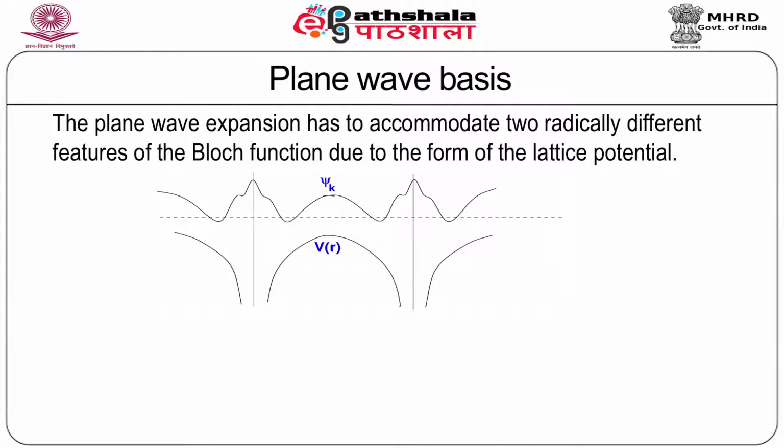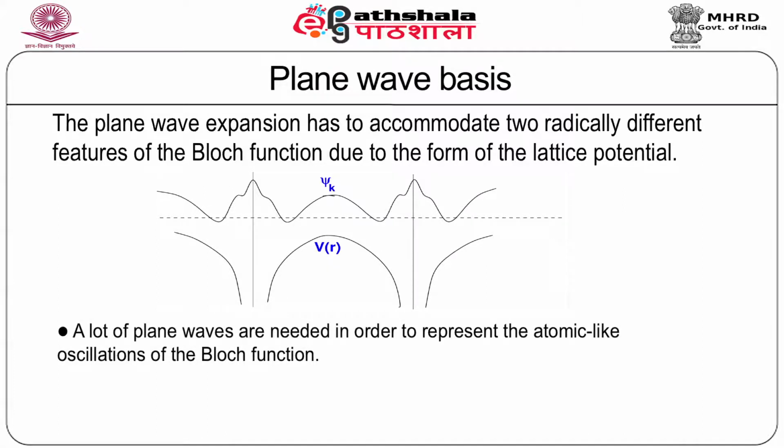Considering the example of a metal like aluminium, the plane wave part of the Bloch function is about 7/8 of the total volume. For the remaining 1/8 of the total volume, a lot of plane waves are needed in order to represent the atomic-like oscillation of this psi_k.